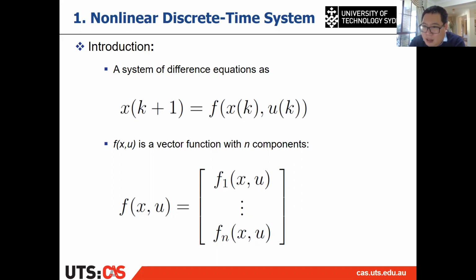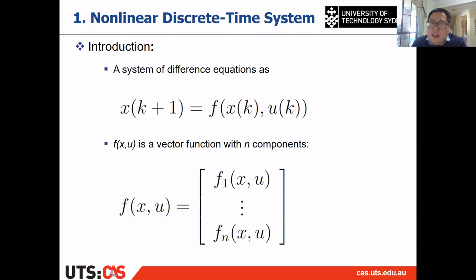But why is it not linear? If you remember, in the linear discrete time system, the difference equation is xk plus 1 is a linear function of xk and uk. Which means xk plus 1 is equal to Ax plus Bu, if you remember. That's for the linear case. But for the nonlinear case, here, xk plus 1, which means the state in the next step, is a nonlinear function of xk and uk, which means xk plus 1 is equal to f(x, u).